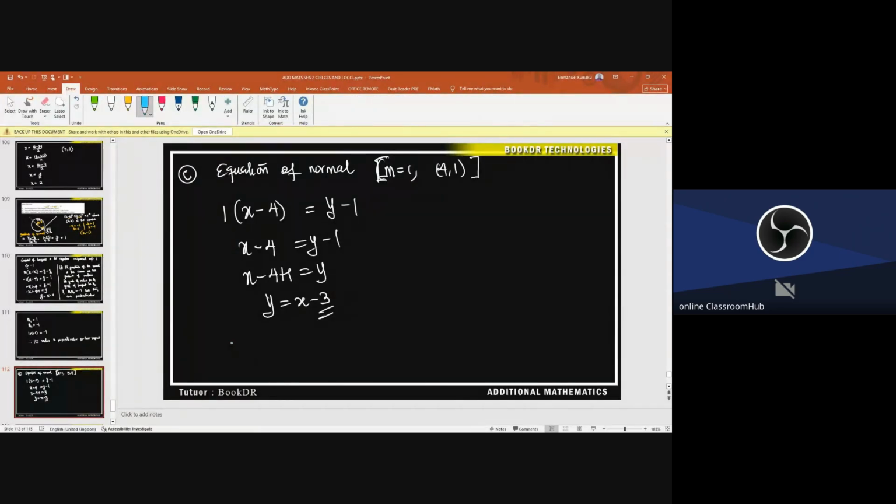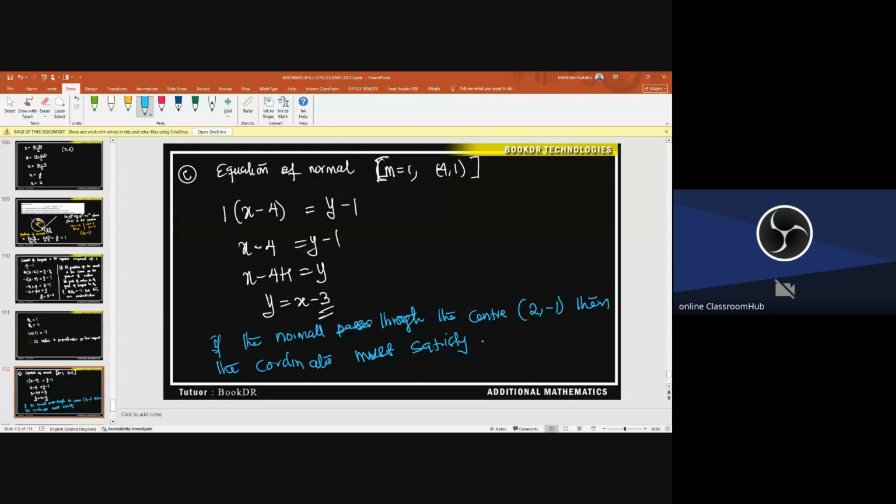This is how we can show that if the normal passes through the center, the center being (2, -1), then the coordinates must satisfy the equation.